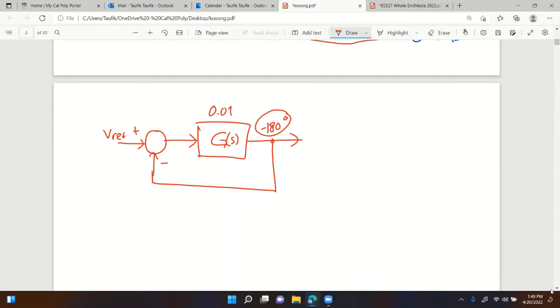Your x is right here, and this is your y. Your y is equal to vref minus x, but because it's 180 degrees, you actually have a plus now. But then that y goes through another transfer function and you multiply it by 0.01. So now it becomes a very tiny signal, because you multiply it by a small fraction.